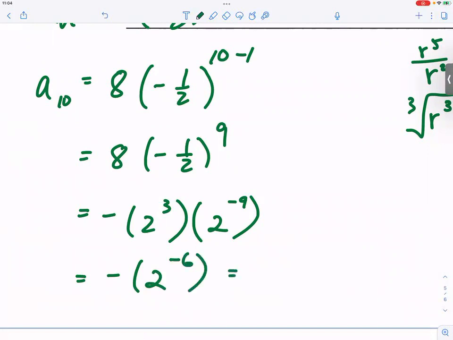You may not know what 2 to the 9th power is, but I think 2 to the 6th power is a lot easier to handle. So your overall answer is negative 1/64. Okay, I hope these negative exponents are not scaring you right now.